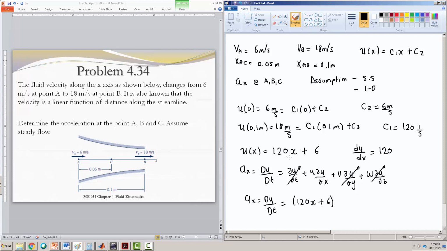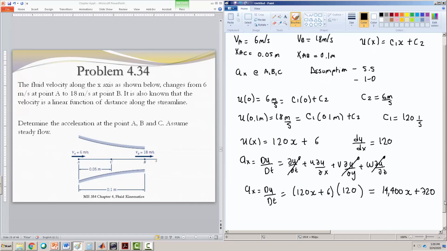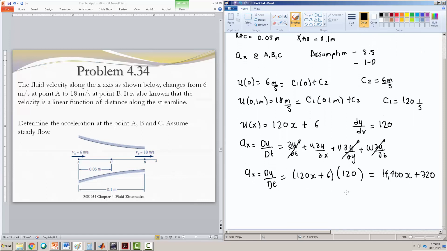So we substitute it back over here, and this gives us that the acceleration is equal to 14,400x plus 720. Now what we have to do is substitute each one of the values of x into the acceleration to get the value at each one of the points.